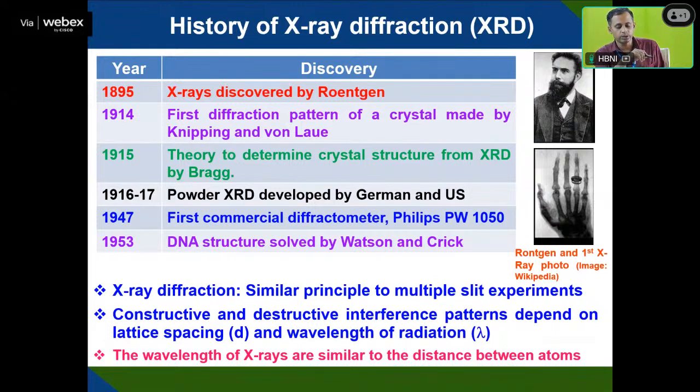The theory to determine the crystal structure came from Bragg around 1915, and then different types of X-ray techniques kept developing, and powder X-ray came into the picture. Finally in 1947 the first commercial diffractometer, the Philips PW 1050 X-ray machine, came out, and using this technique in 1953 the scientists Watson and Crick solved the DNA structure.